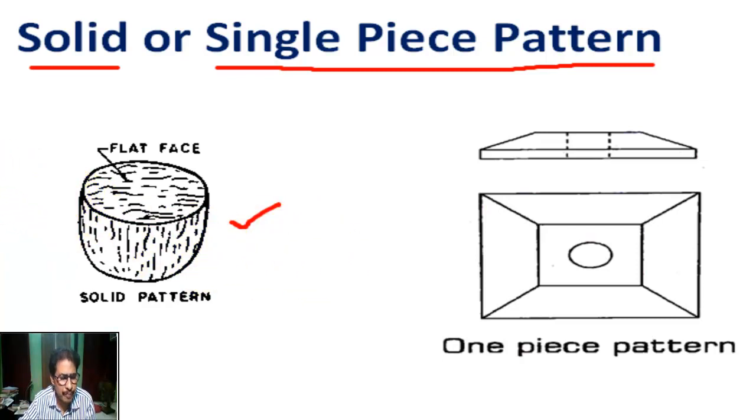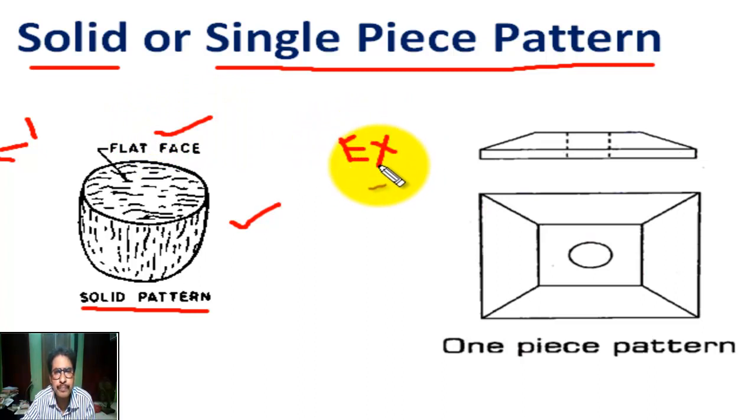This is the example 1. This is a solid pattern. This is one piece and simple shape. This surface is flat.